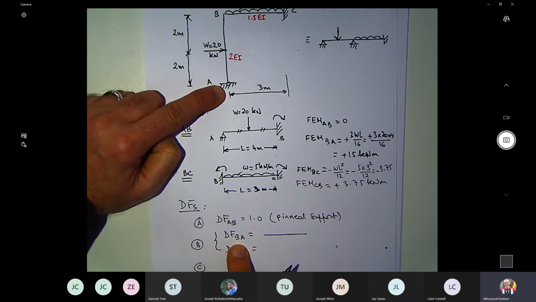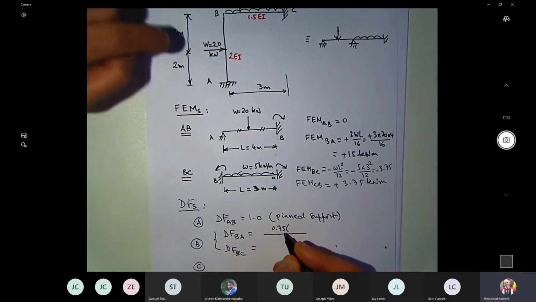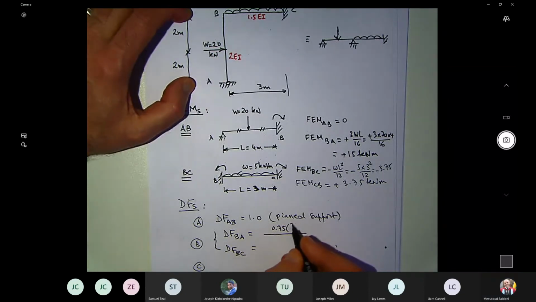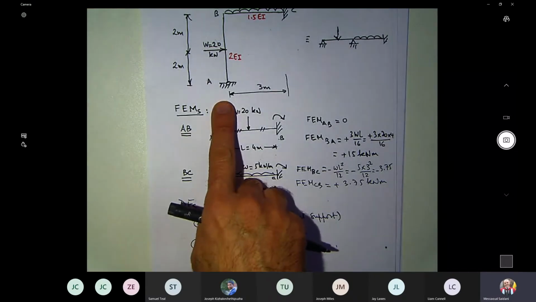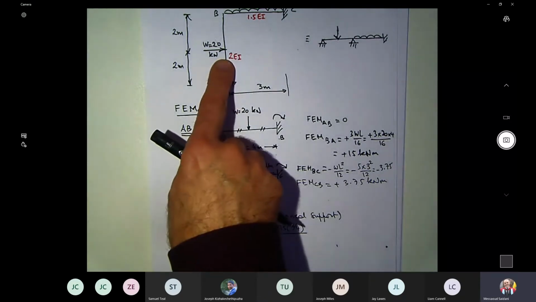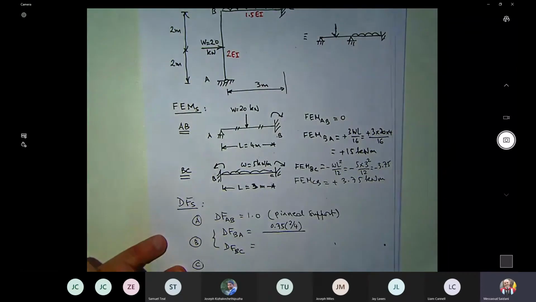Yeah, by a quarter, so it's 0.75 times 2 over 4. So you need to pay attention, please, when you have a pin like this at the end. So it's 0.75, 2 here over the length of the member.